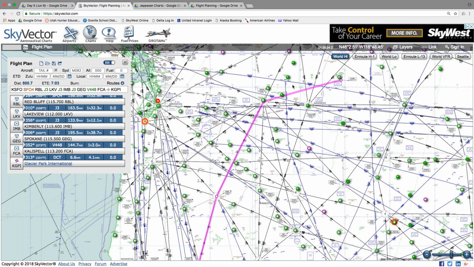If we subtract our 109.9, that gives us 41.4 miles. So we are 41.4 miles from Spokane VOR. Does that make sense?